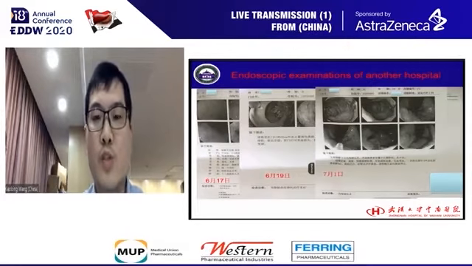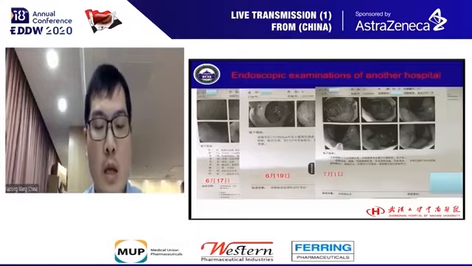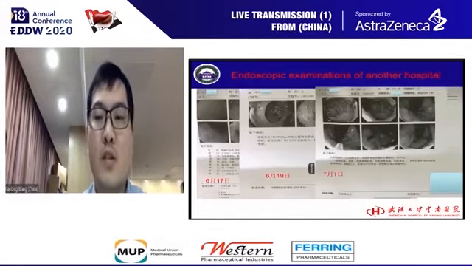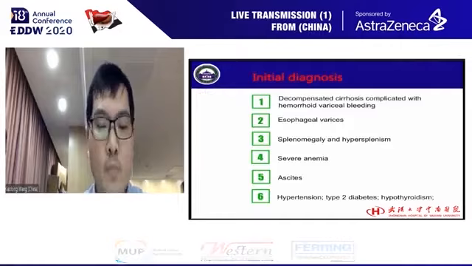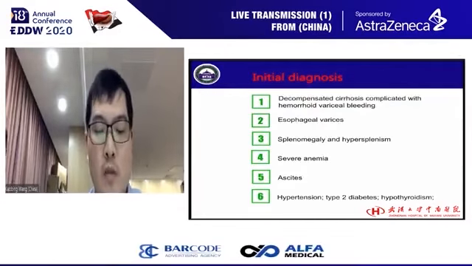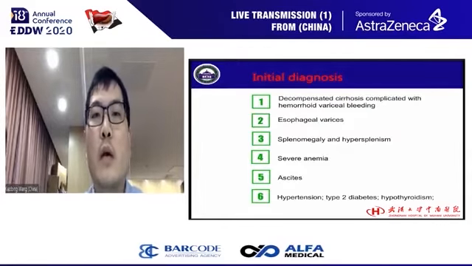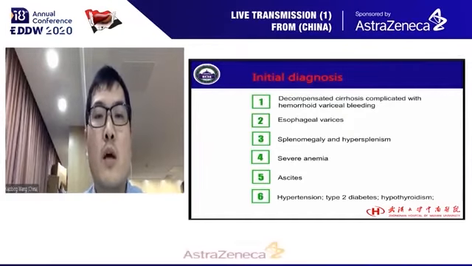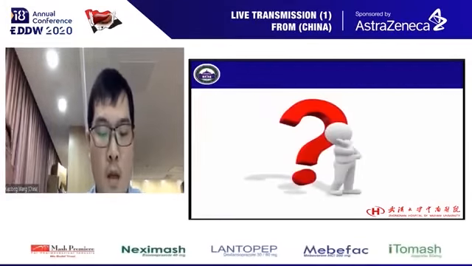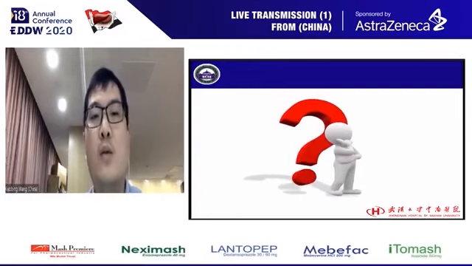Injection into 6 points was performed using 8 milliliters of lauromacrogel. Given the patient's conditions, the following initial diagnoses were made, including decompensated cirrhosis with hemorrhoids, variceal bleeding, esophageal varices, splenomegaly, and hypersplenism, severe anemia, ascites, hypertension, type 2 diabetes, hypothyroidism. The most important question is how to treat bleeding.